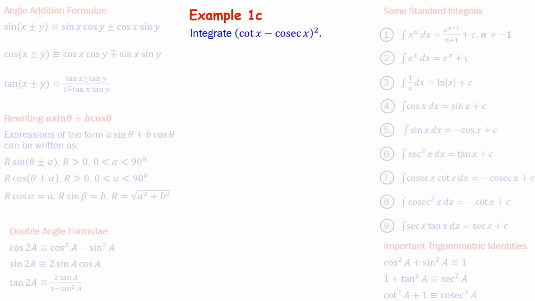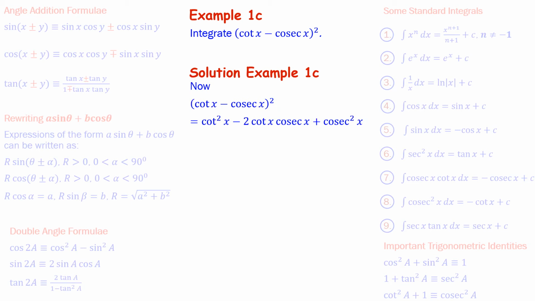Now let's take a look at part C. We are required to integrate (cot x minus cosec x) all squared. So let's solve this. We begin by multiplying out the brackets as shown. Next, remember that we're going to replace cot squared x by another expression which is integrable. In particular, we're going to replace cot squared x by cosec squared x minus 1, using the identity highlighted.